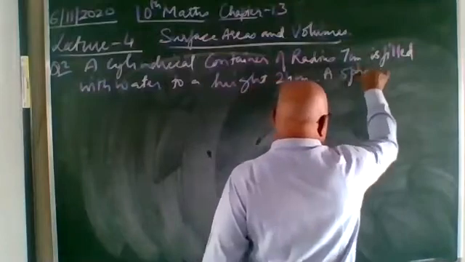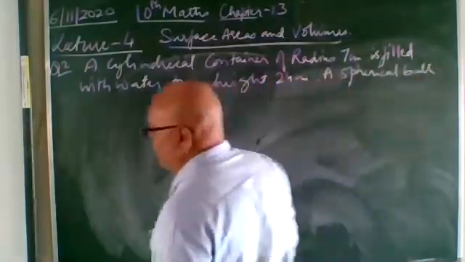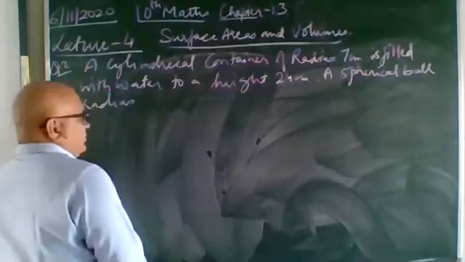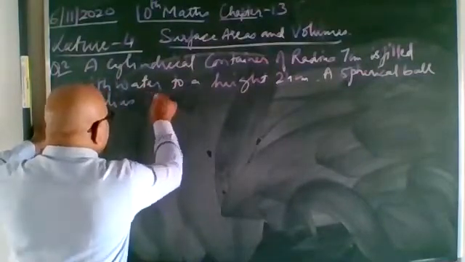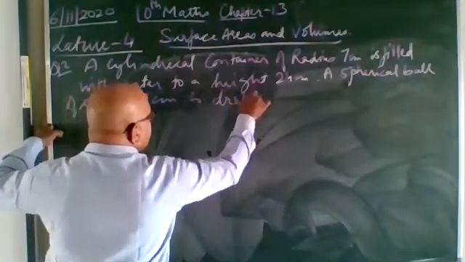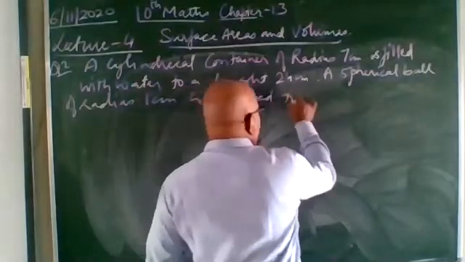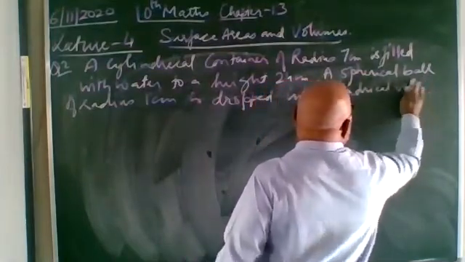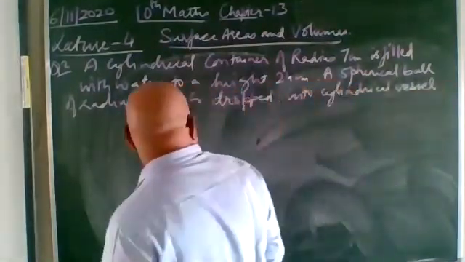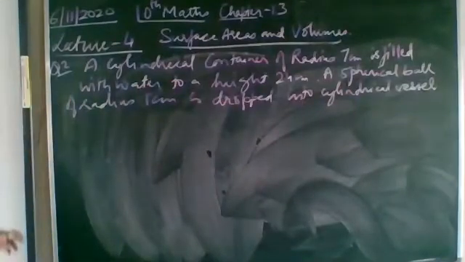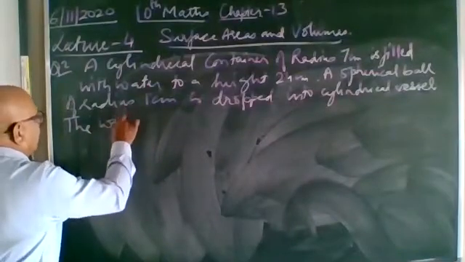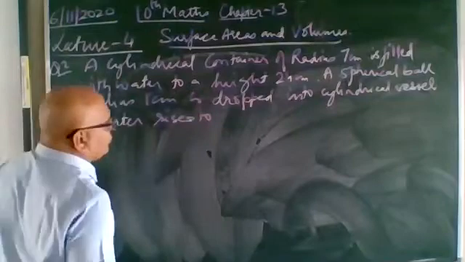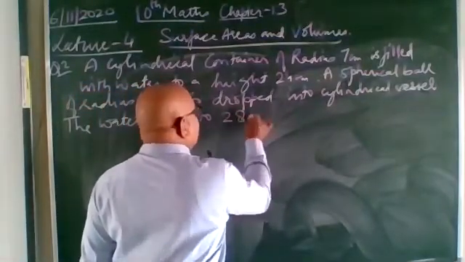A spherical ball of radius 1 centimeter is dropped into the cylindrical vessel. The water rises to 28 centimeter.